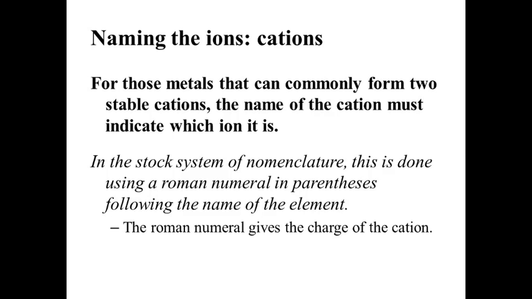There are actually 2 options, and we're going to go with this one, the Roman numeral in parentheses. So for instance, if it's Fe3+, the name is actually going to be iron(III). Sounds like a movie. Anyway. Okay, that's what I mean.